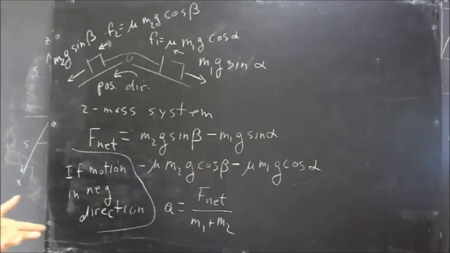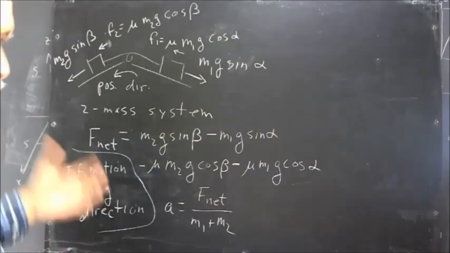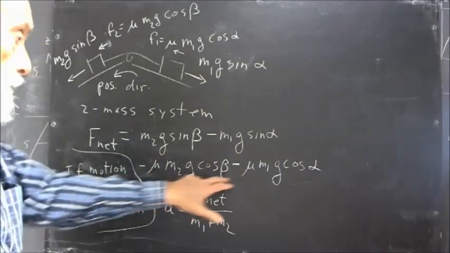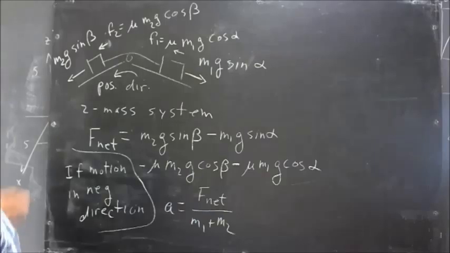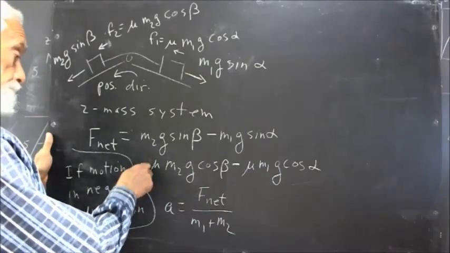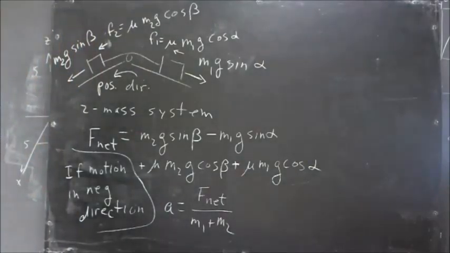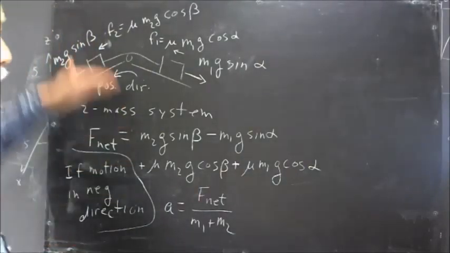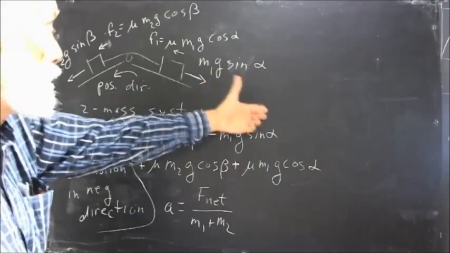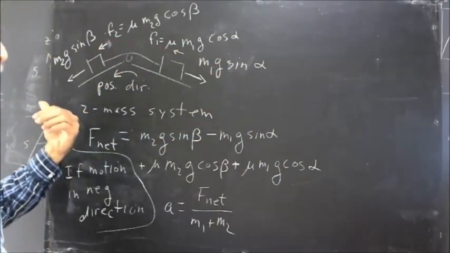The frictional forces will be in the direction opposite motion. I don't know what was going on in my mind, but I wrote these as negative, and we've got to correct that. These frictional forces will be positive because the motion is in the negative direction, and the frictional force is in the direction opposite motion.